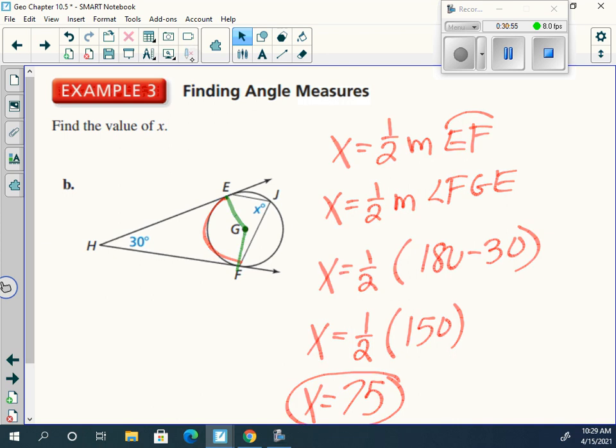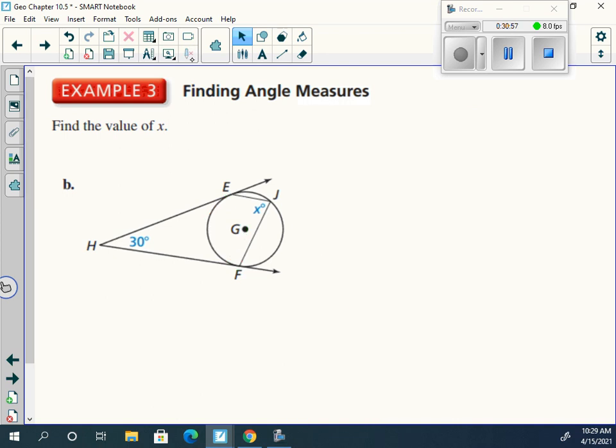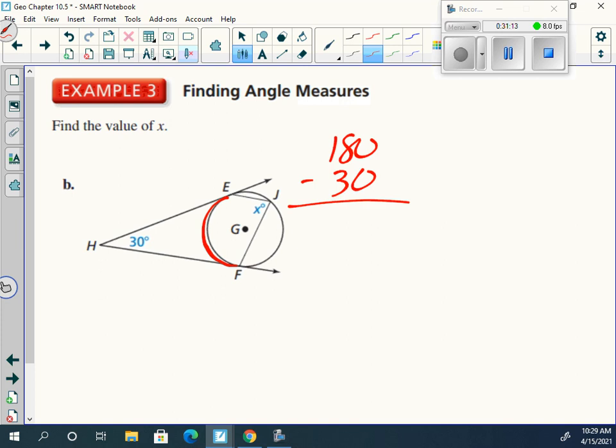Now, this isn't the only way we could have done this. Since the formula we've been going over, well, we know that this arc and the central angle are the same, yes? So I could have found that by taking 180 and subtracting 30 from it, yes? Which would give us 150.